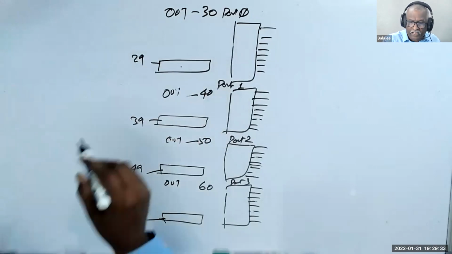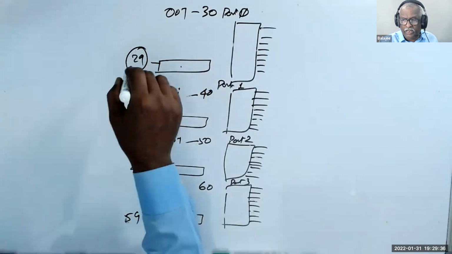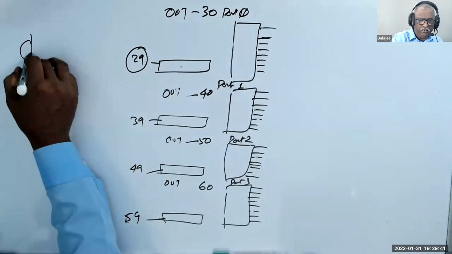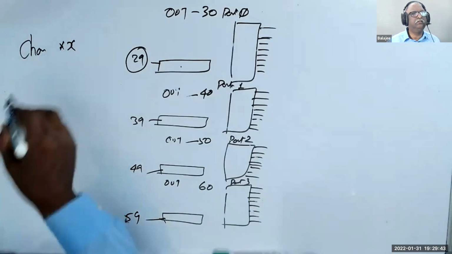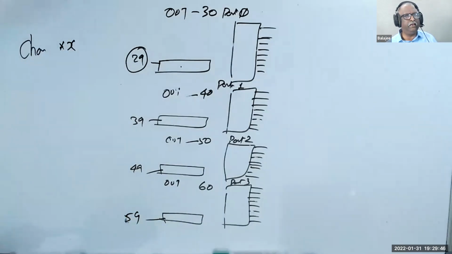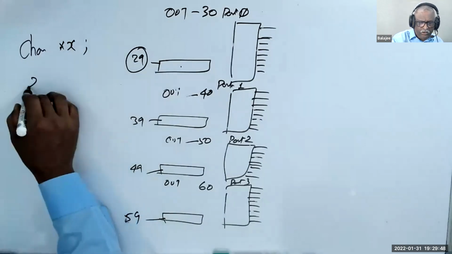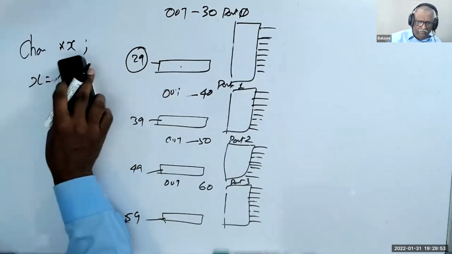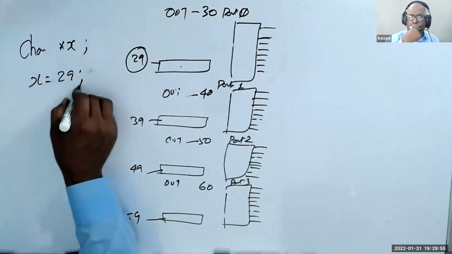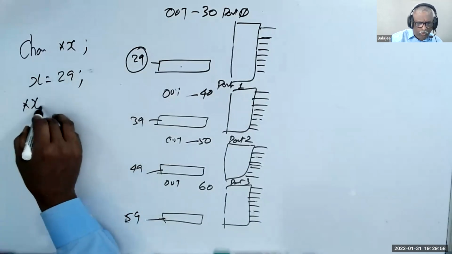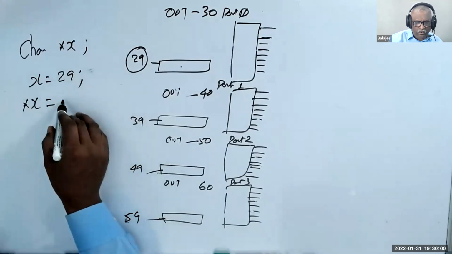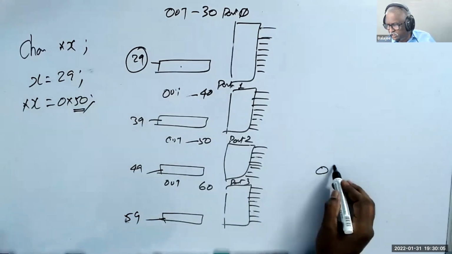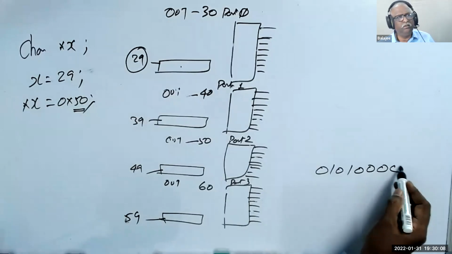Now, if I write to the port, first I have to write to the direction address to configure whether each pin is output or input. I say char *X, X is equal to 0x29, then *X is equal to any value, say 0x50. 0x50 means 0101 0000.